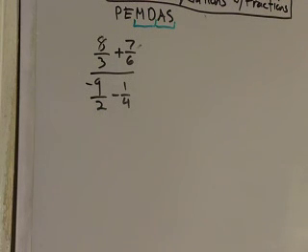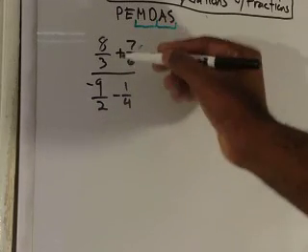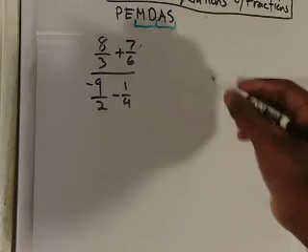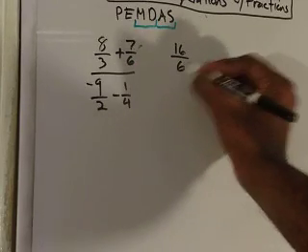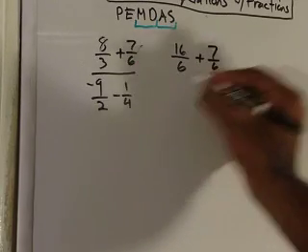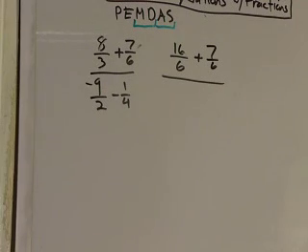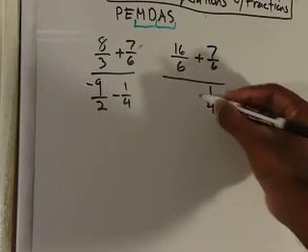What's the common denominator between this 3 and this 6? Well, it's 6. So the 7 already has a 6 in the bottom, so I just need to convert this one. So I need to multiply top and bottom by 2. So 8 times 2 gives you what? 16. 3 times 2, 6. And then for the bottom, we got a 2 and we got a 4. So what's the common denominator between 2 and 4? Well, 4. Okay, so 1/4 already has a 4 in the denominator.